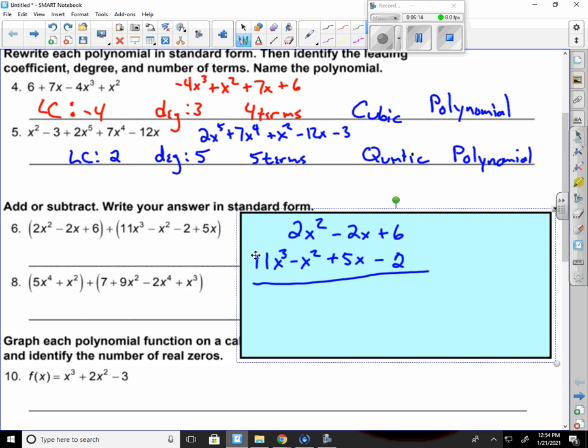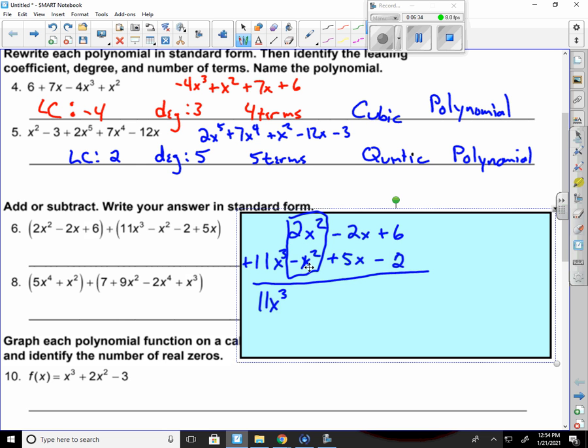Now you'll notice I only have one thing that's to the third power, so that one stays as 11x to the third. 2x squared minus x squared, those are the like terms there because they have the same variable with the same exponent.